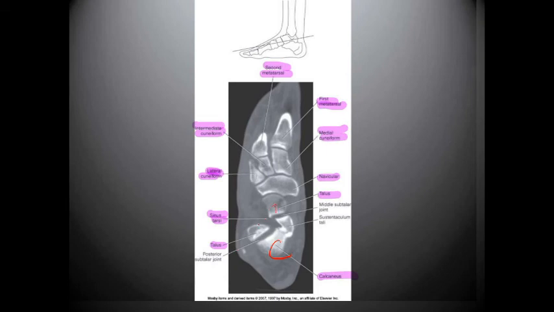And so because of this, we have calcaneus, talus, and talus here. We have the navicular. We have the medial cuneiform, intermediate cuneiform, lateral cuneiform, and then somewhere over here is going to be the cuboid. We have the first metatarsal, second metatarsal, sinus tarsi here.